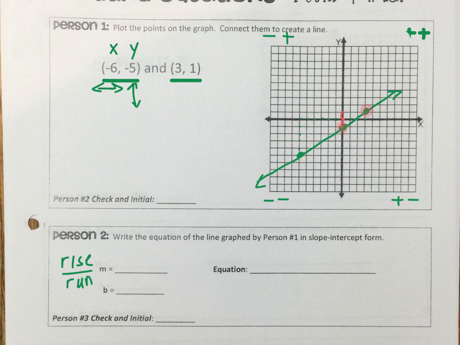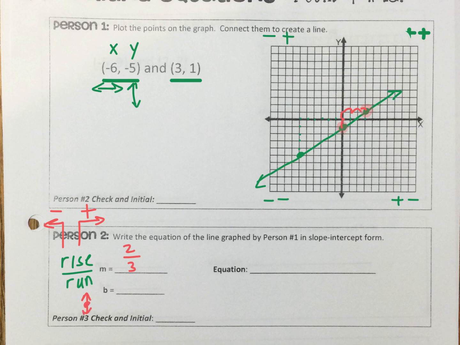So I rise 2, and I'm going to run 1, 2, 3. And that's a positive slope. Remember, rise and run that way is negative. Rise and run that way is positive. Positive slope.